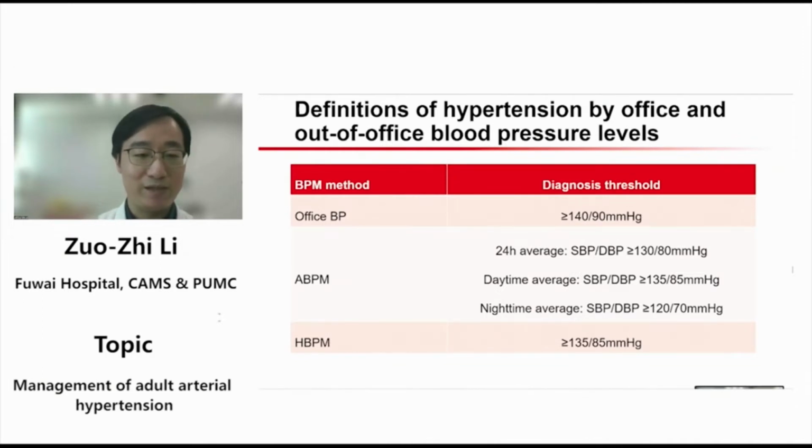If the patient has a home blood pressure over 135 over 85 millimeters of mercury, or ambulatory blood pressure monitoring, that is the 24-hour average, over 130 over 80 millimeters of mercury, or daytime average over 135 over 85, or nighttime average over 120 over 70 millimeters of mercury, then the patient can be diagnosed with hypertension.